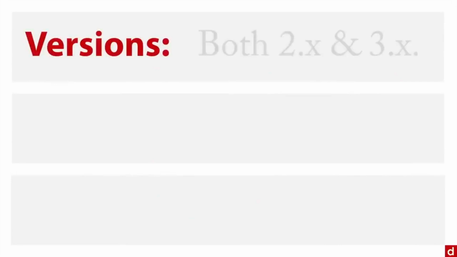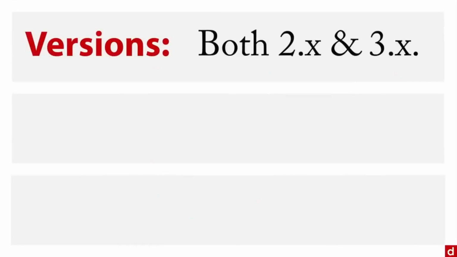Now, a couple of things to know about Python. First is about versions. There are 2 versions of Python that are in wide circulation. There's 2.x, so that means like 2.5, 2.6, and there's 3.x, 3.1, 3.2. Version 2 and version 3 are similar, but they're not identical. And in fact, the problem is this.